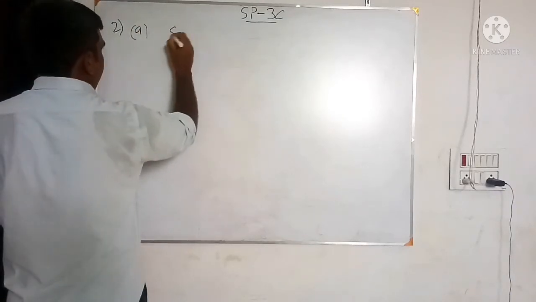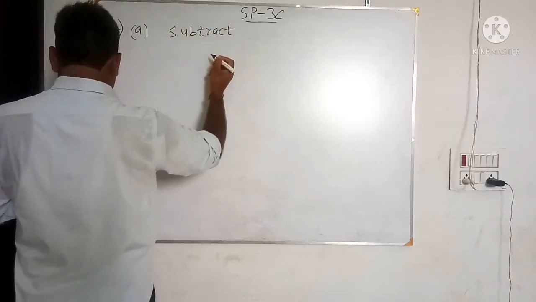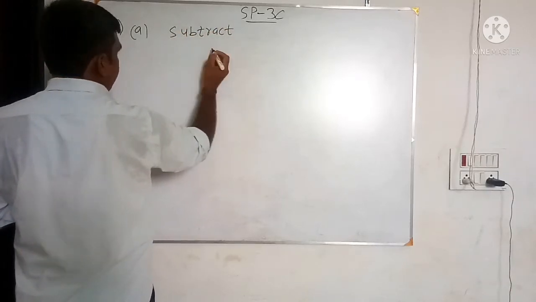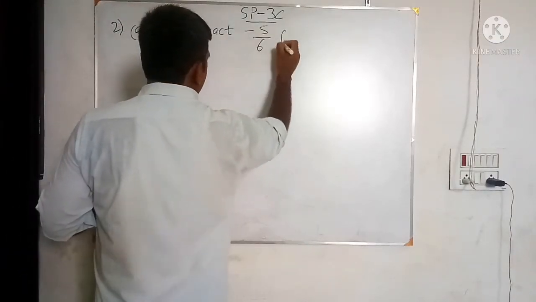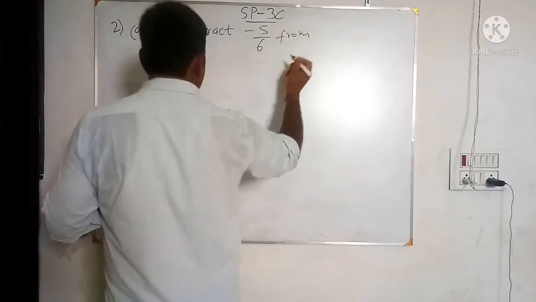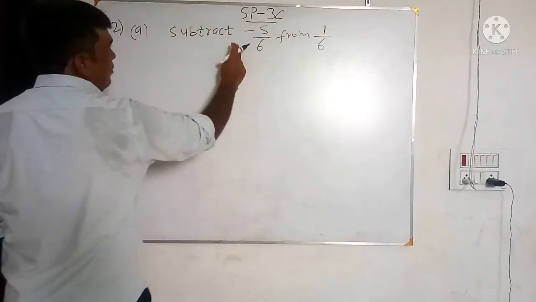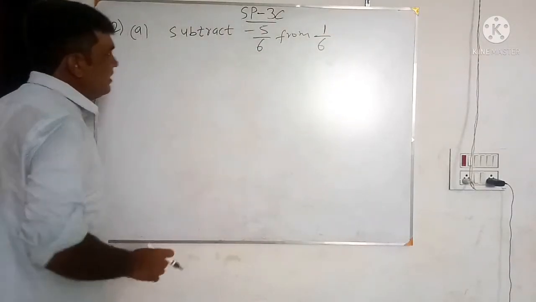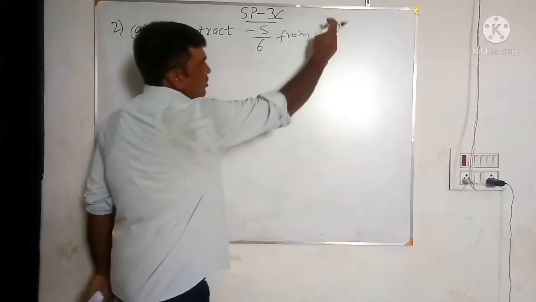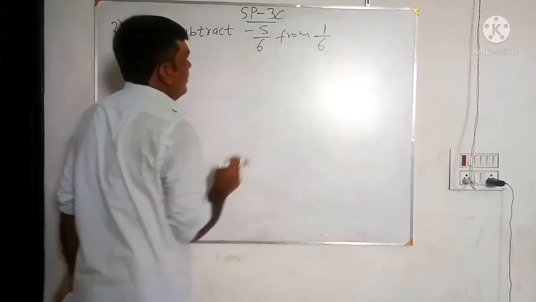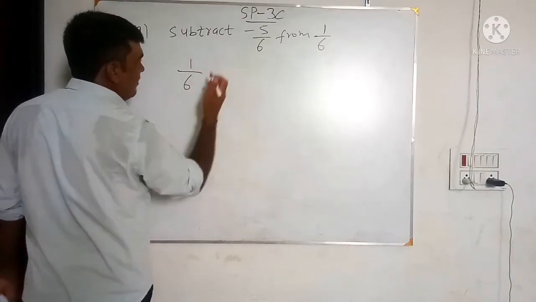The question is: subtract minus 5 by 6 from 1 by 6. The statement means from 1 by 6 I have to subtract minus 5 by 6.